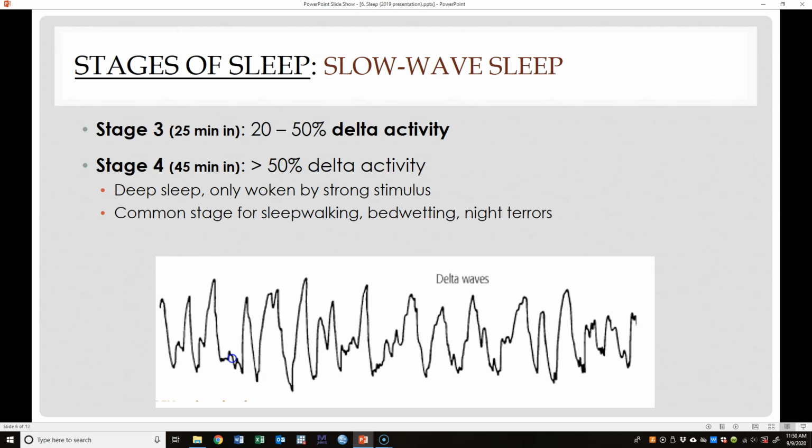What we often see in stage 4 sleep is sleepwalking, bedwetting, night terrors, things along those lines. So if you or someone you know is known for sleepwalking, this is generally the stage of sleep at which that occurs. Again, slow wave sleep, stages 3 and 4, are both marked by really big delta wave activity. It's just how much of your overall EEG is made up of these delta waves.